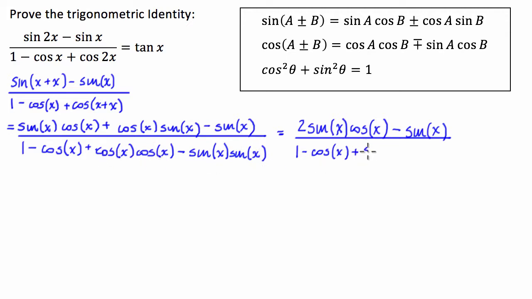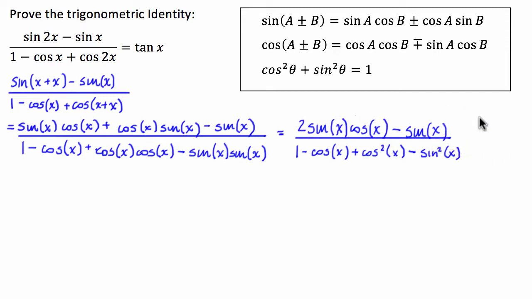So we have cosine squared of x minus sine squared of x.